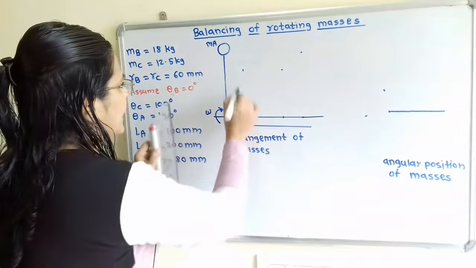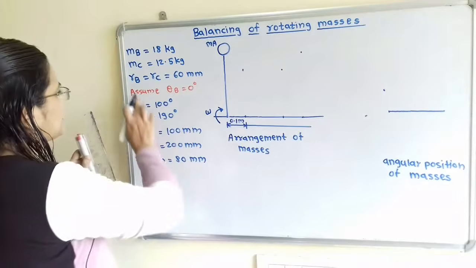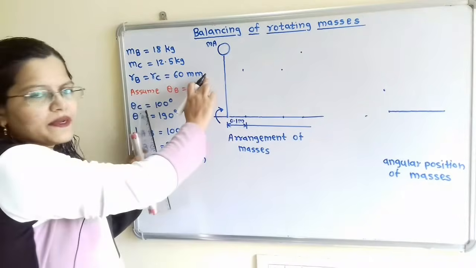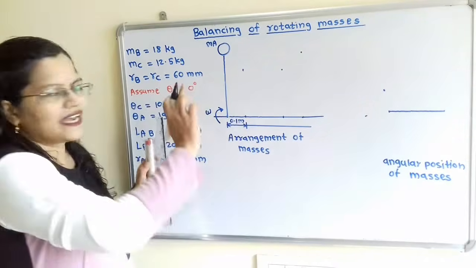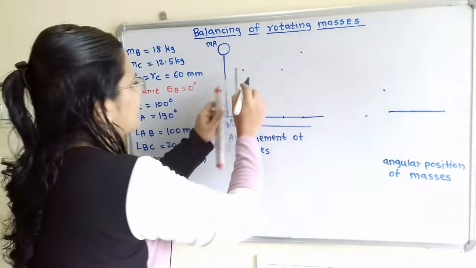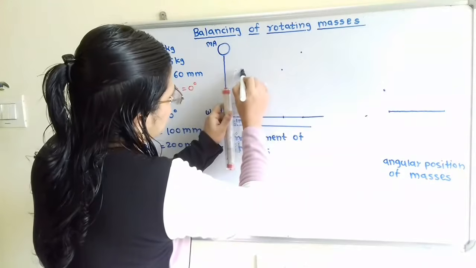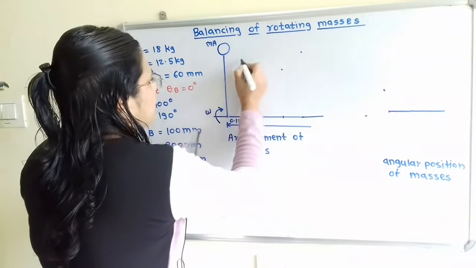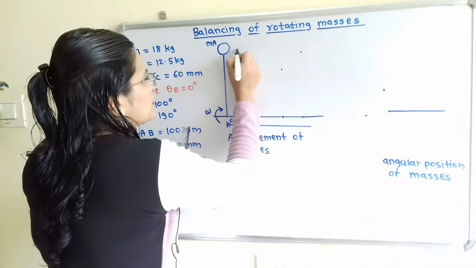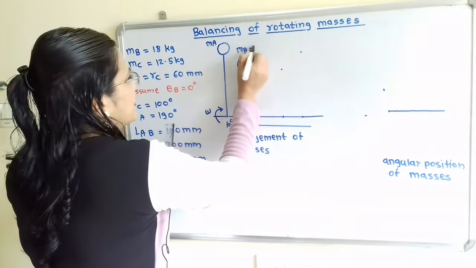And we will show the next mass MB. So eccentricity is 60 mm. So we will consider as a 0.06 meter and we will take scale for a 6 cm. And we will show this MB. So this MB is equal to 18 kg.